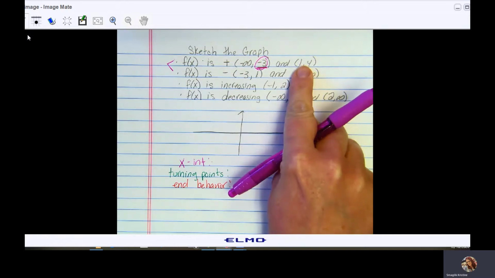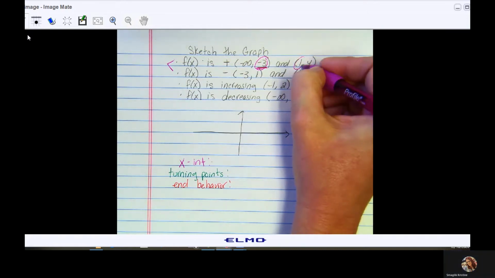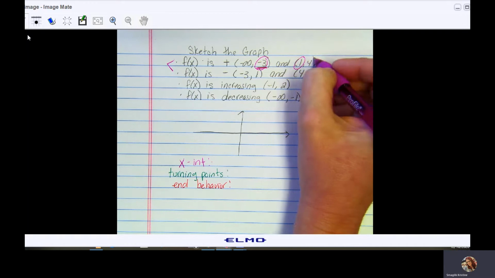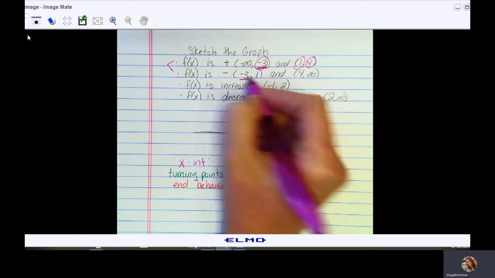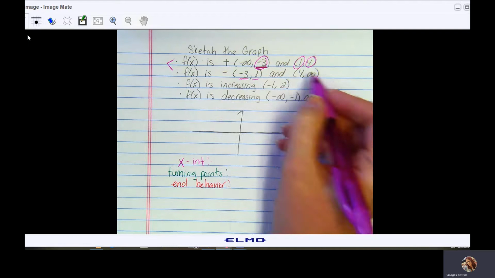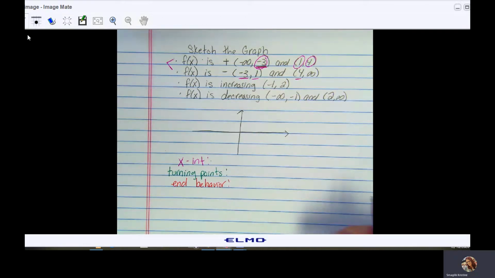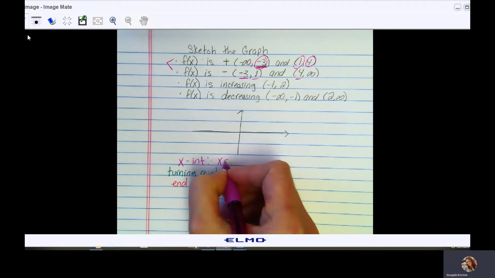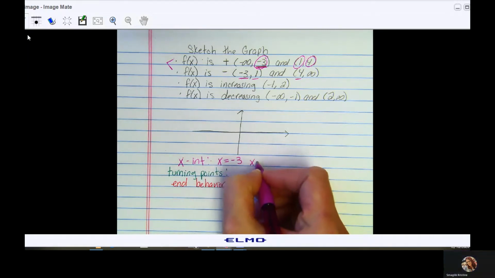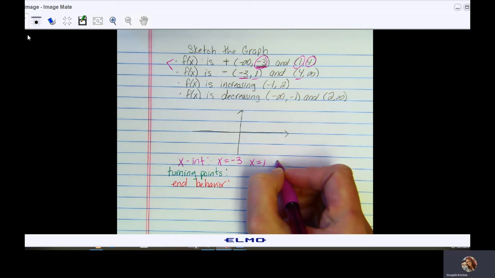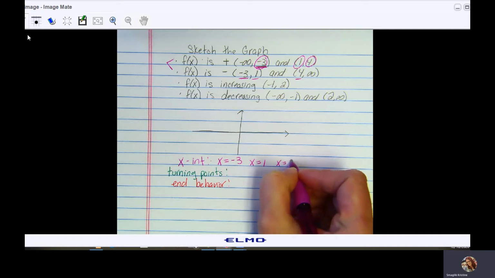And also here, so then from 1, we're going positive, and then 4. Notice these numbers also repeat here because they're the stop and start of intervals. So I have x-intercepts at x equals -3, x equals 1, and x equals 4.